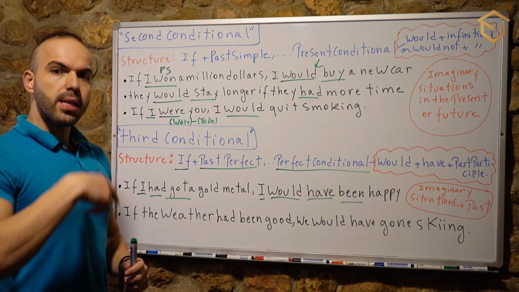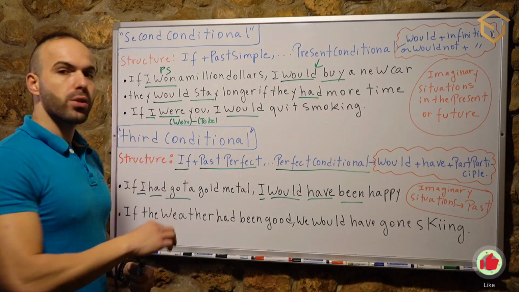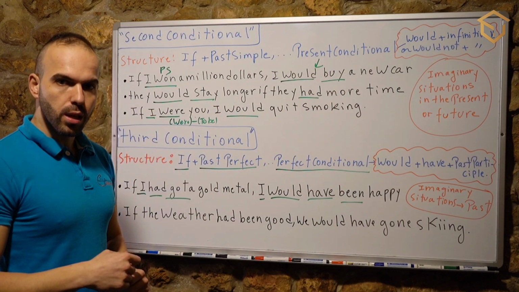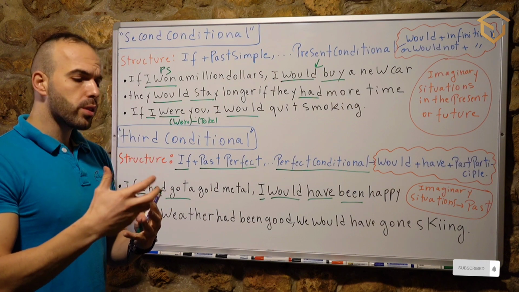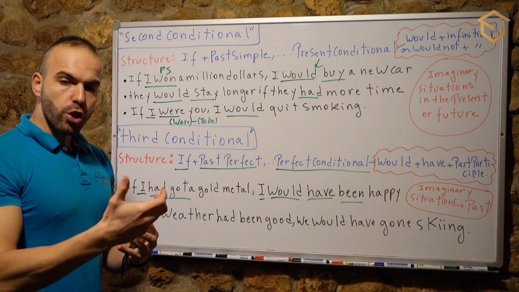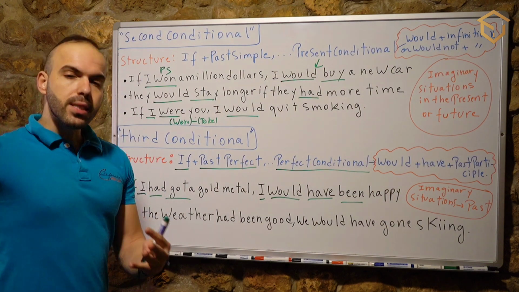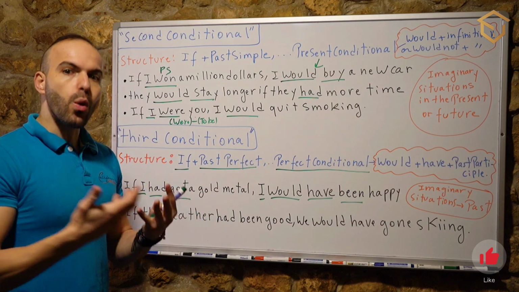But let's explain again how we apply the third conditional if you want to use it in your sentences. If you want, for example, to talk about a particular condition in the past that did not happen and there is no possibility for this to happen.